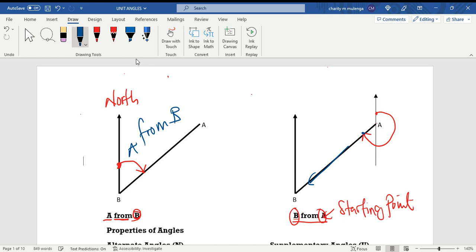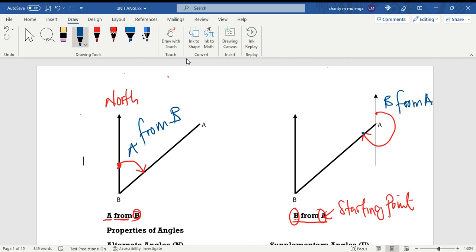In this case, line AB is taking me to B. Excellent. So we have learned how to rotate clockwise, and this here is what we are calling B from A.